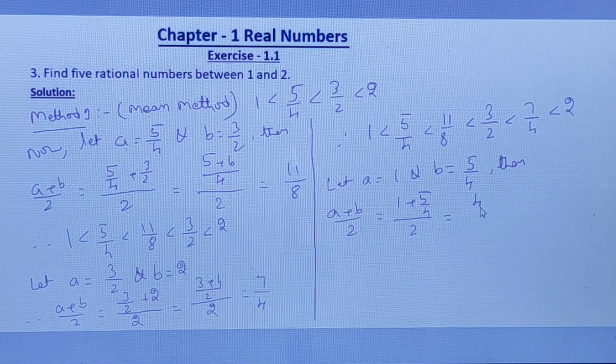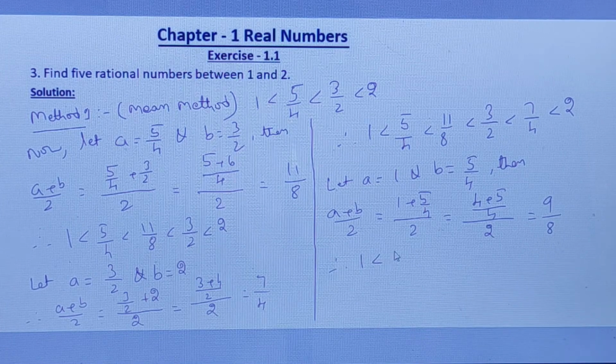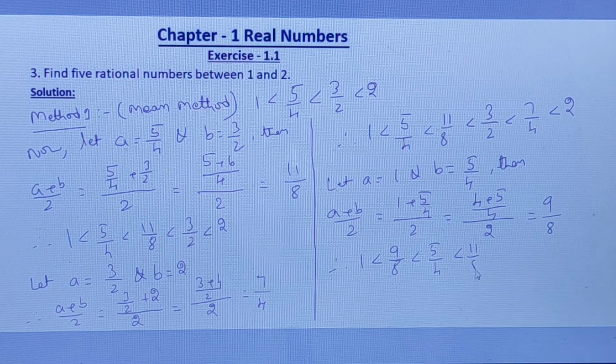So this is (4 plus 5) by 4 divided by 2, which is 9 by 8. So 9 by 8 lies between 1 and 5 by 4. Therefore, 1 is less than 9 by 8 is less than 5 by 4 is less than 11 by 8 is less than 3 by 2 is less than 7 by 4 is less than 2.